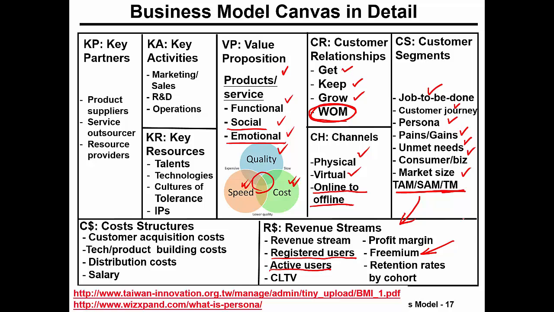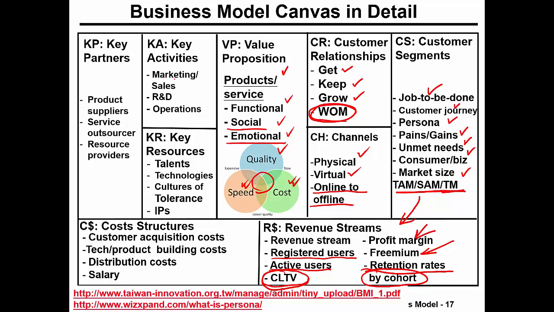Are you using the freemium model, offering something for free but a premium service with a fee? What's the retention rate of your customers based on some cohort of the users you have acquired? What's the customer lifetime value of the customers you have acquired? And what's the profit margin?